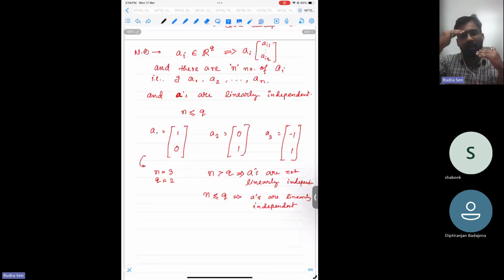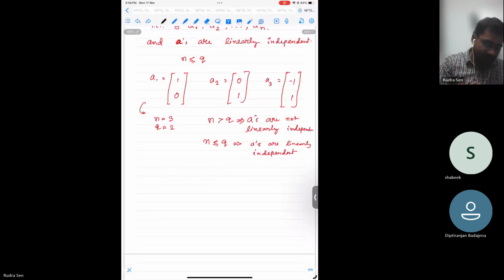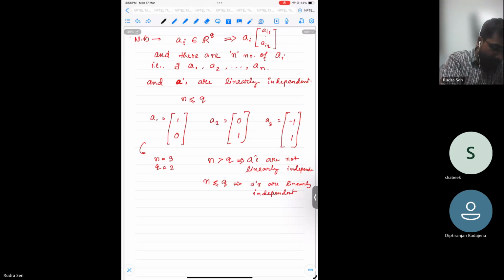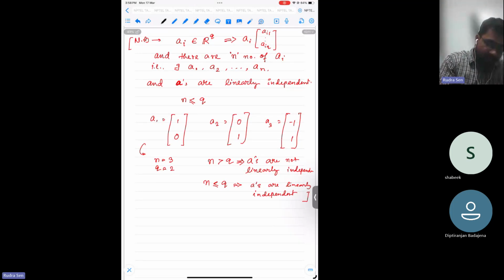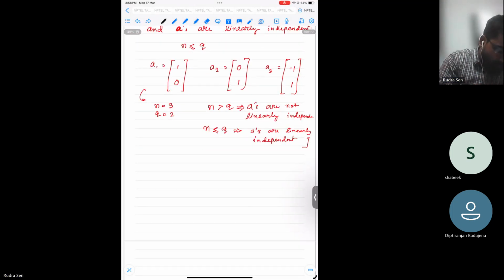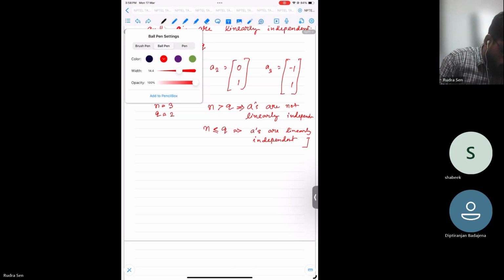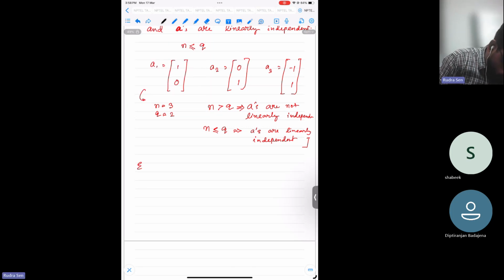So either we get a square matrix or a tall matrix. We will never get a fat matrix where the number of rows is less than the number of columns, right? You just need to think of that. So the example is something like that.